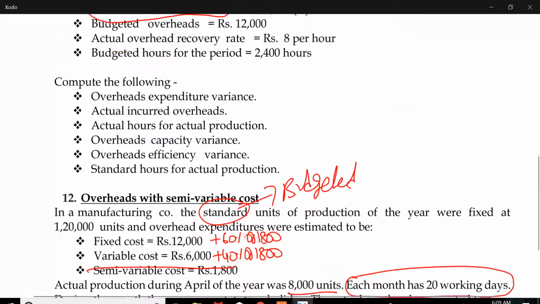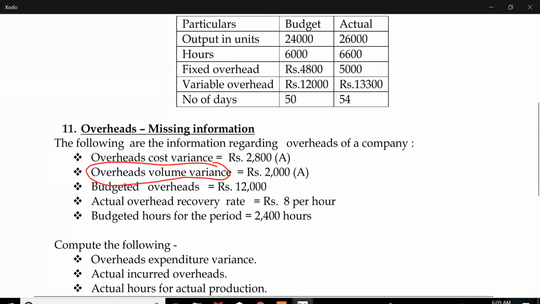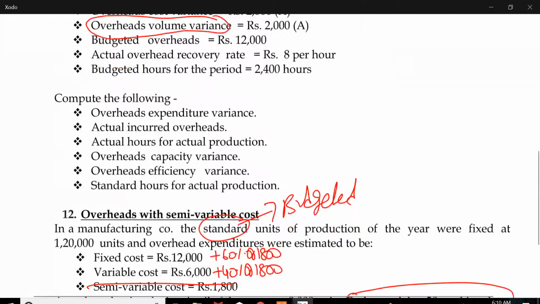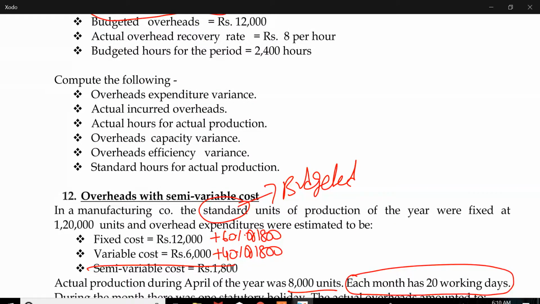Next point, calendar variance is not asked in the question, and hence 4 columns need to be used.